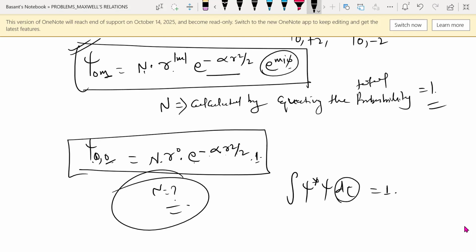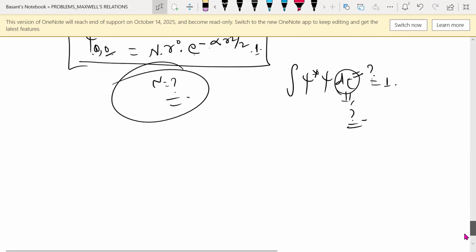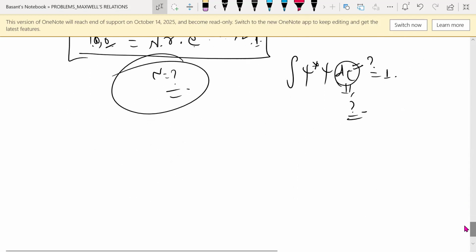What is the value of d tau? This is another important term for the 2D harmonic oscillator. So now we will see what is the value of d tau. Then we calculate the normalization constant.